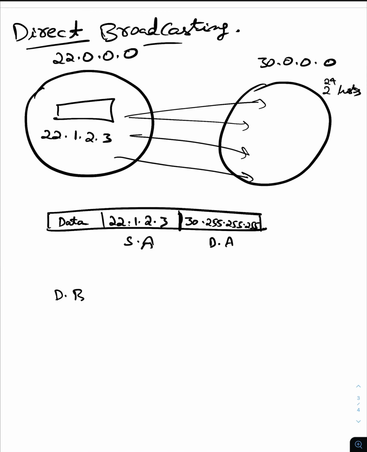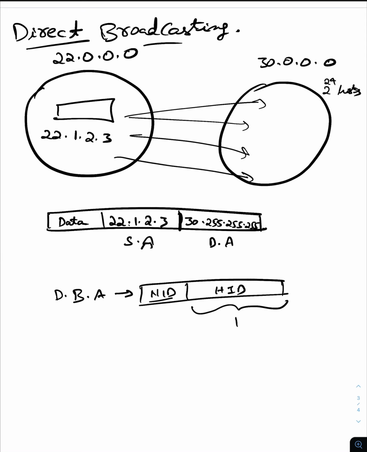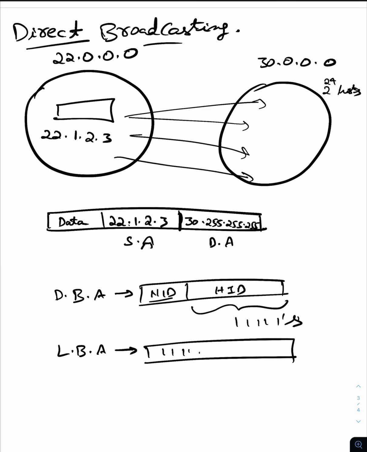So your destination direct broadcast address is your network ID and your host ID, where your network ID remains the same and your host ID has all ones. Same way in the limited broadcast address, it's all ones.